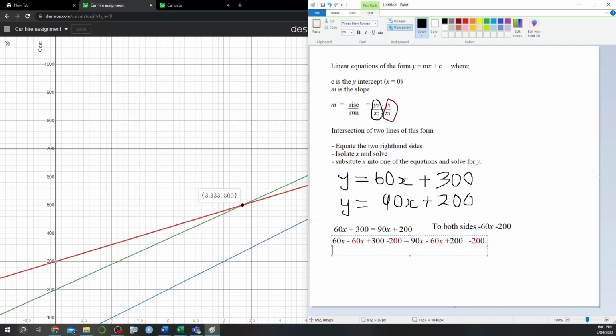All right, so what does that do? On the next line, you have 0x, 300 minus 200 is 100. 100 equals 30x.